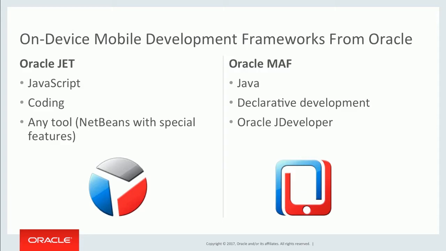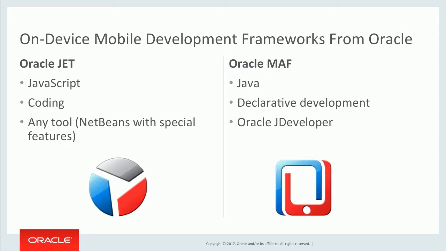So what we've been a big believer in is hybrid approaches, which allow us to develop an application once and run it on multiple platforms. We actually have two technologies that support developing a mobile on-device application that runs across multiple operating systems but provides a native-like experience.